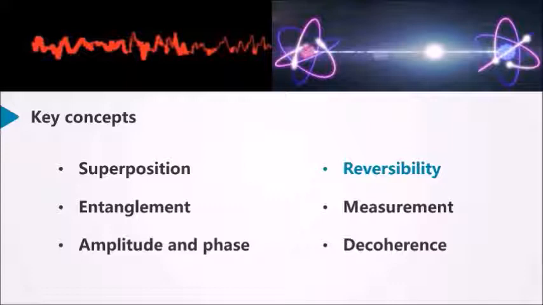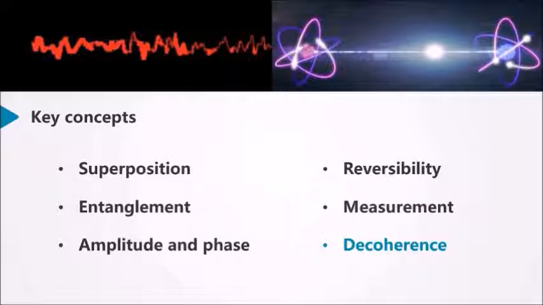For reversibility, a series of gates are used for a quantum algorithm, which may be followed in reverse order, which is known as reversibility. For measurement, we calculate in the reverse order and use this measurement as a key concept, and these concepts are implemented in the quantum computer.